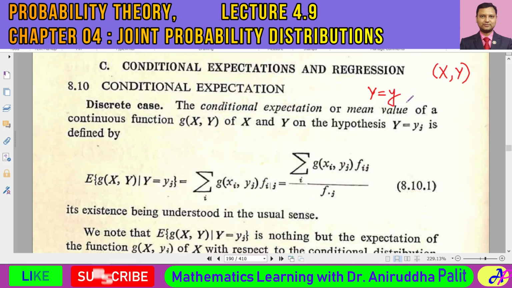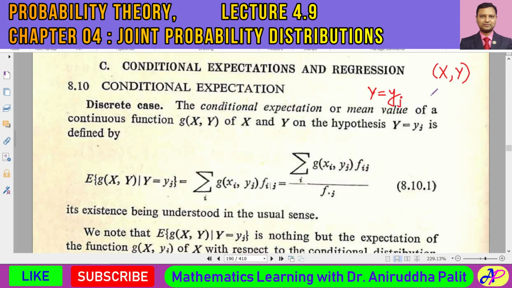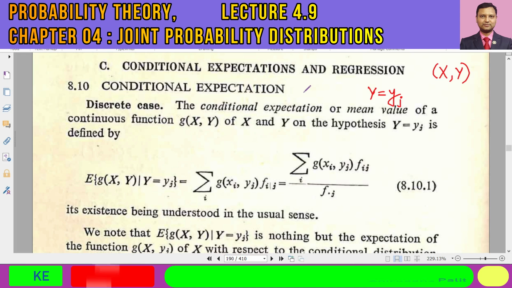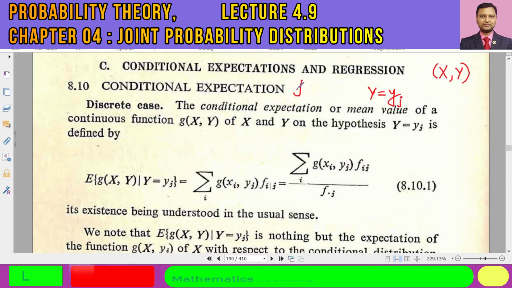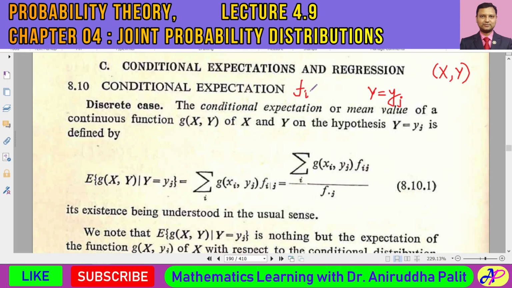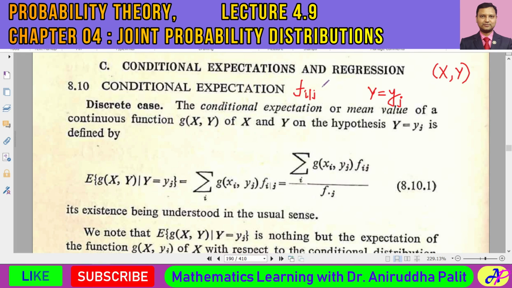Particularly, if it is a discrete case, we can consider Y equal to yj. And we know the corresponding probability mass function in case of discrete conditional distribution. The corresponding probability mass function of X is represented by f(i|j). And what is this f(i|j)?